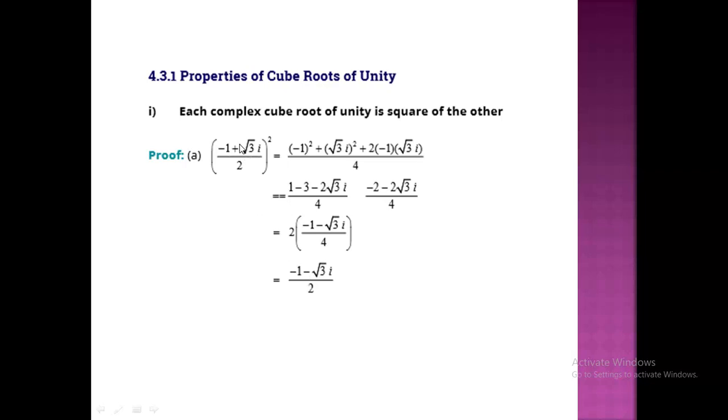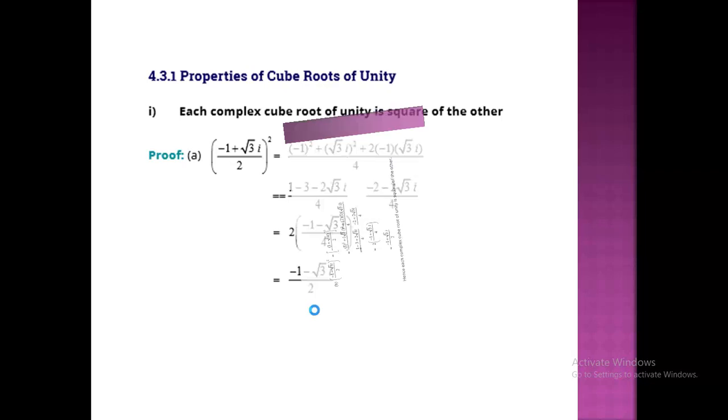Now we square this value, we apply the formula a square plus b square plus 2ab. Now it is equal to minus 2 square root 3 iota. We take 2 common and cut with the denominator, and it gives the next value in negative form.